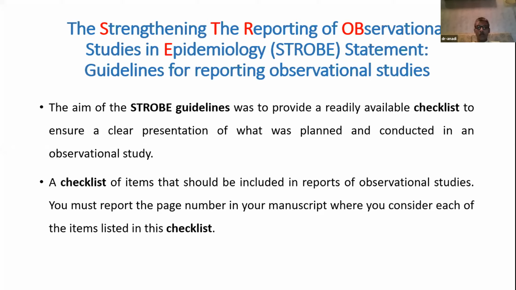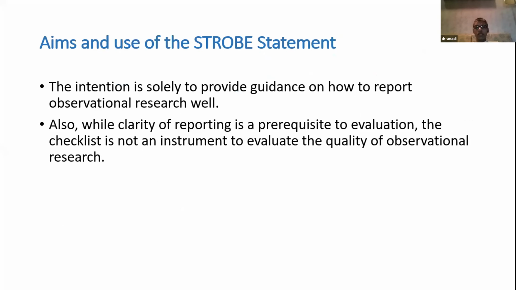It is a checklist of items that should be included in reports of observational studies, and you must report the page number in your manuscript where you consider each of the items listed in the checklist. The intention is solely to provide guidance on how to report observational research well.